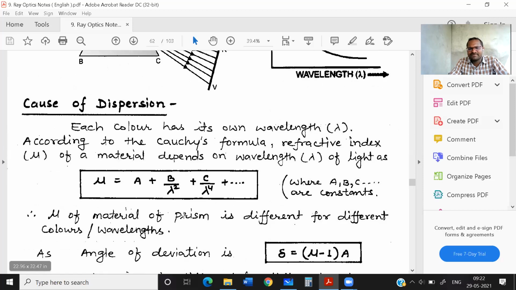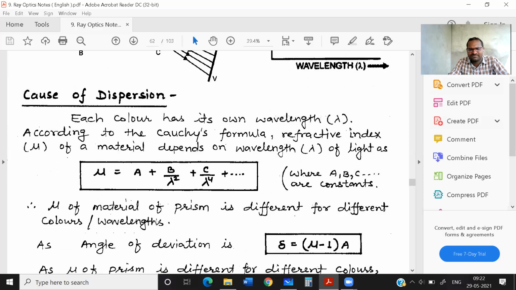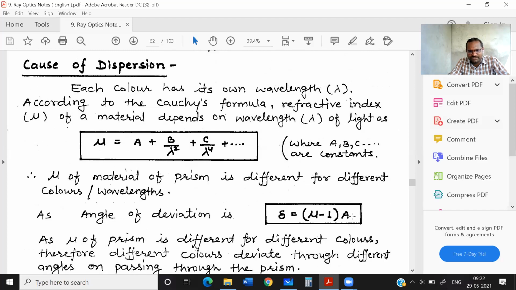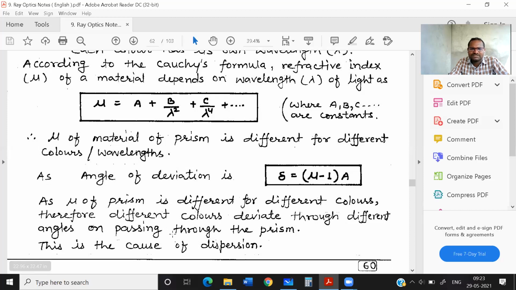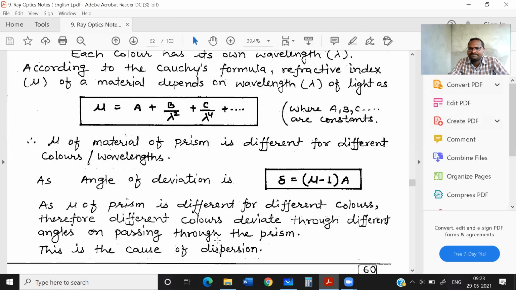The mu of a prism material is different for different colors and wavelengths. So angle of deviation delta is equal to mu minus 1 into A. Mu is different, so delta is also different. As mu of a prism is different for different colors, different colors deviate through different angles on passing through the prism. This is the cause of dispersion.